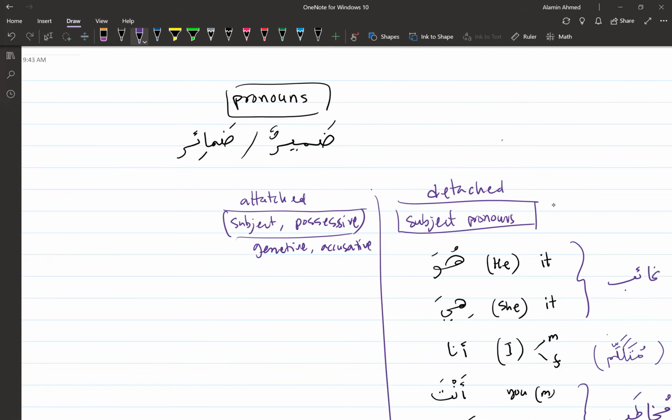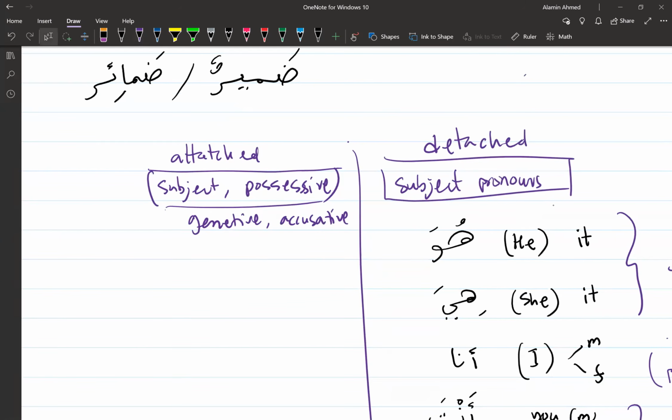You understand these terms? I haven't been using these terms for some time, and we still have to get used to the Arabic terms, by the way. What are the Arabic terms? Genitive is majrur, accusative is mansub, right? And this one we use for the subject, which is marfu.